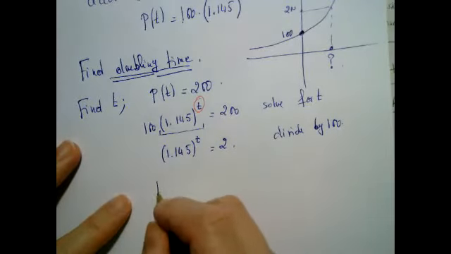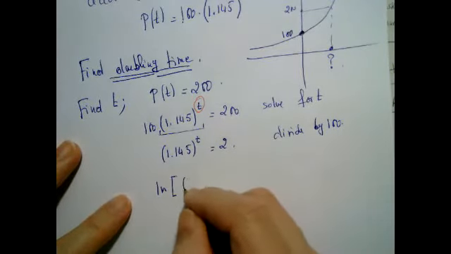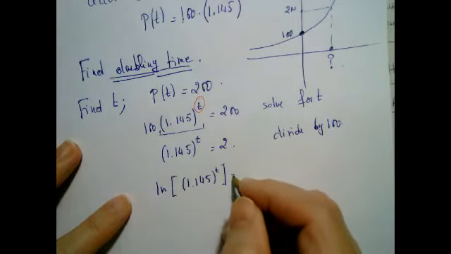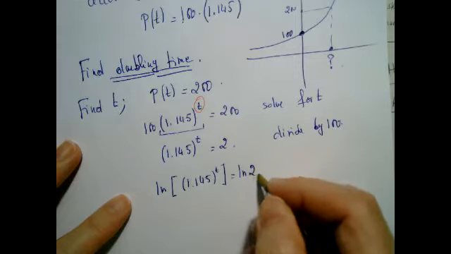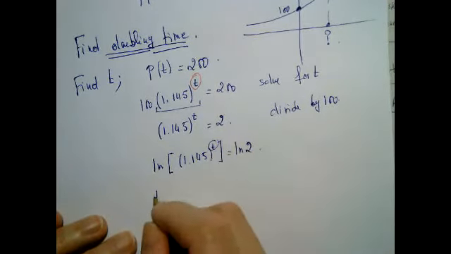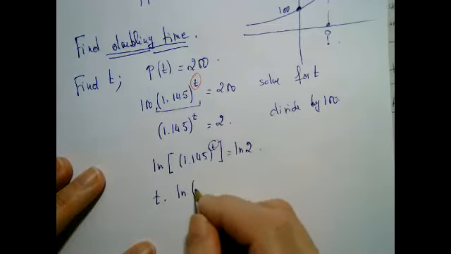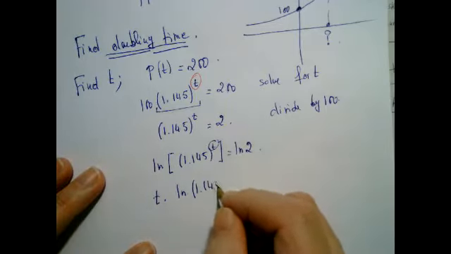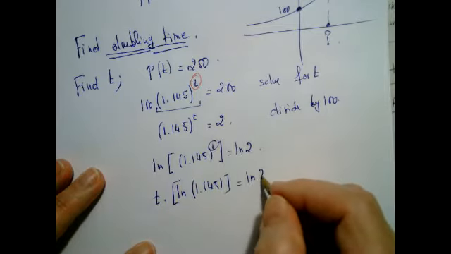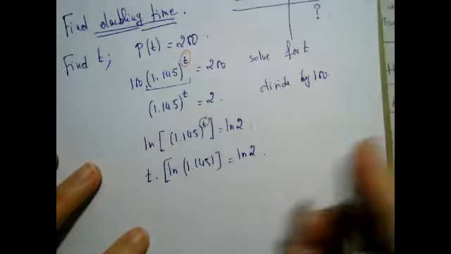Now I take the natural log from both sides. Equal the ln of 2. And then, as usual, I bring the t down. It's t times ln of 1.0145 equal ln of 2.